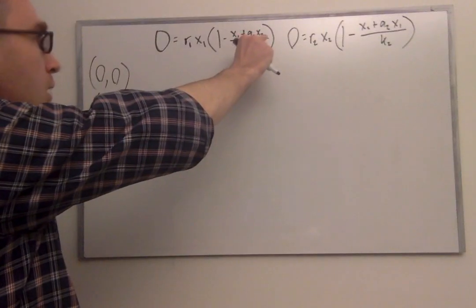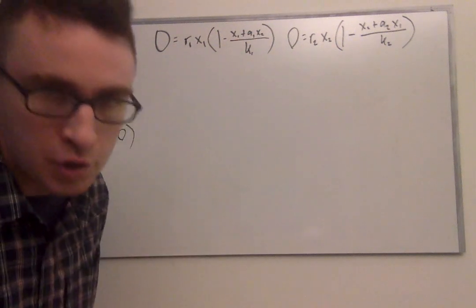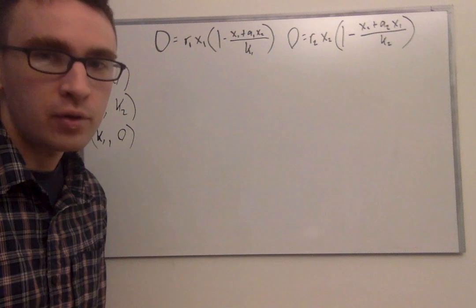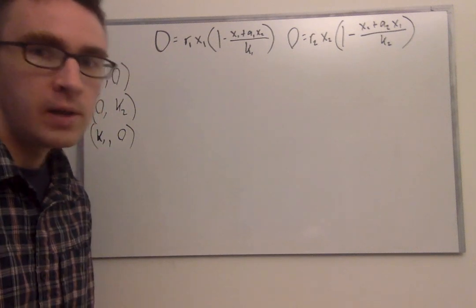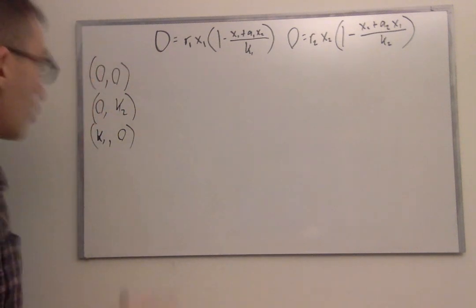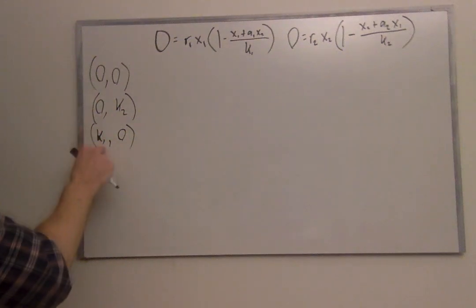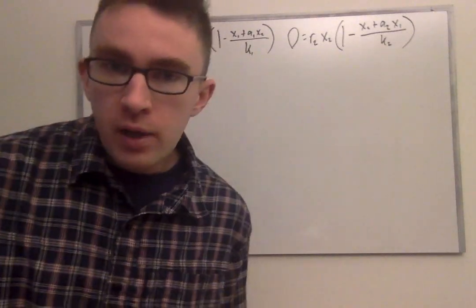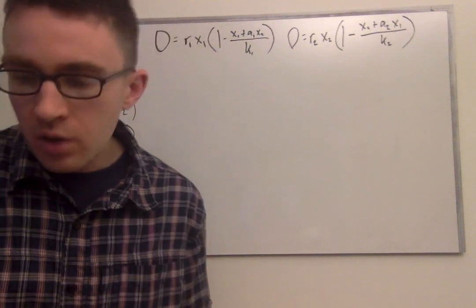And the non-trivial steady state for the logistic growth model is the carrying capacity. So our third steady state is k1 for x1 and 0 for x2.